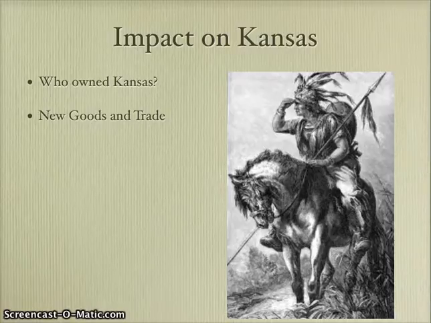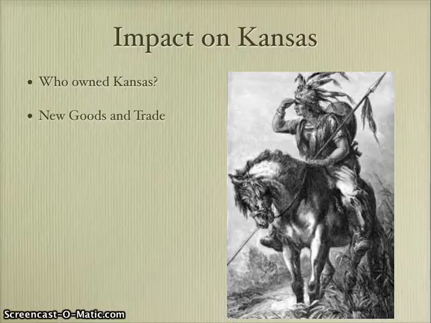Groups like the Wichita, the Kaw, and the Osage, who are here and have been here for hundreds of years, all of a sudden this land is no longer theirs. And we're going to see later on that because of this, other indigenous groups are going to be forced to come to Kansas, and then even later on, these groups are going to be pushed out of Kansas and moved to Oklahoma and other places.